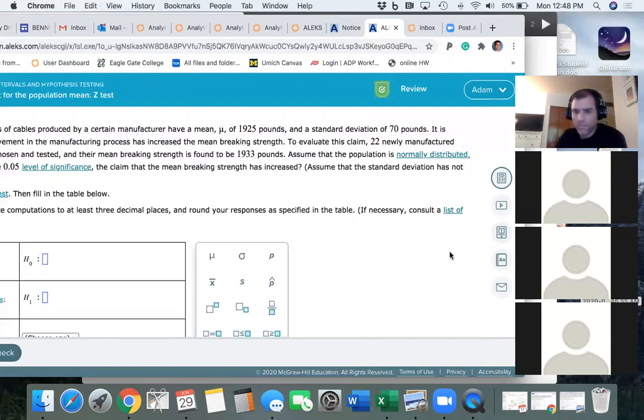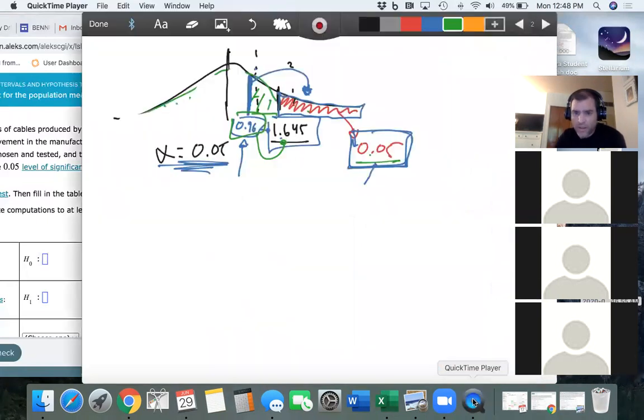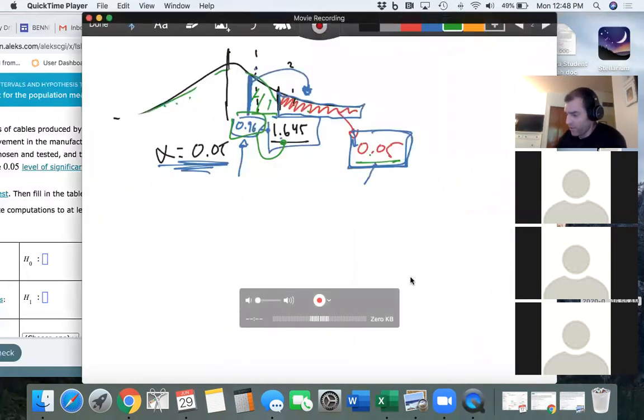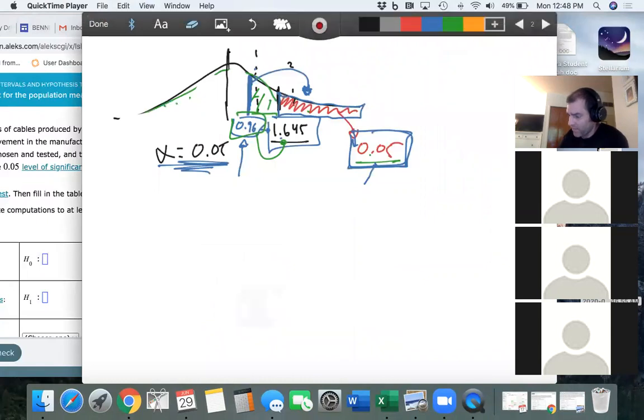Well, to tell whether or not you're true, you need to ask: is my test statistic inside the region of rejection? And since it's not in the region of rejection, I cannot reject the null hypothesis. So their alternative hypothesis is not true.